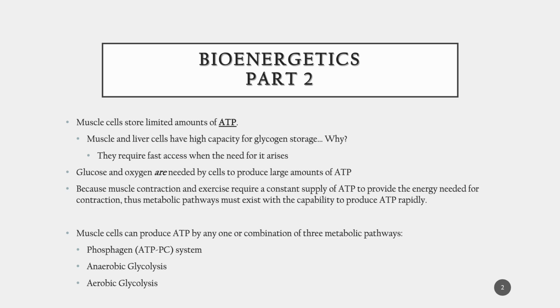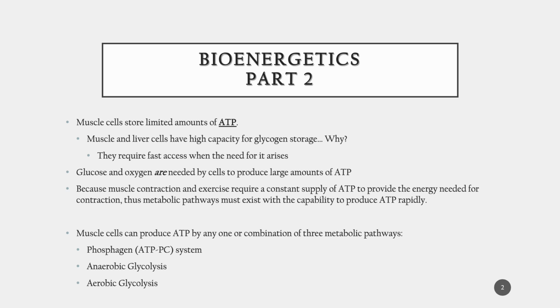So the aerobic glycolysis as well as our Krebs system. Because muscle contraction and exercise require a constant supply of ATP to provide the energy needed for contraction, the metabolic pathway must exist with the capability to produce ATP rapidly as well.